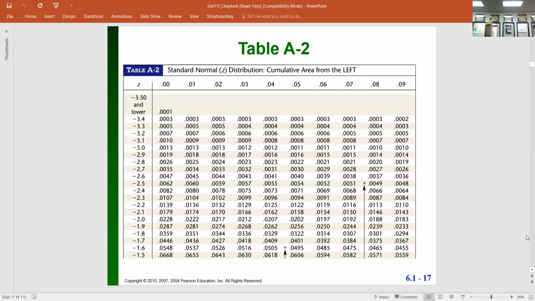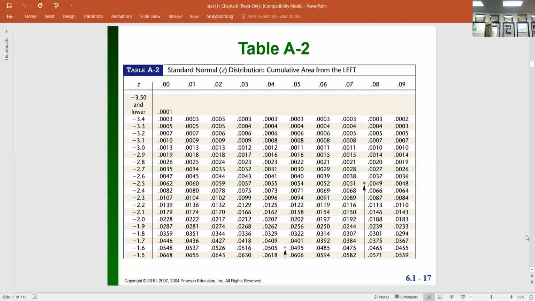We're going to round things off at this point, because there's a wide range here. A z-score of minus 2.3 is 0.0107. Minus 2.4 is 0.0084.